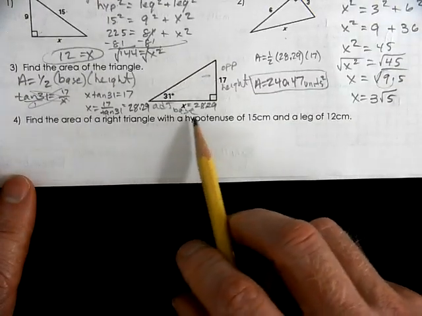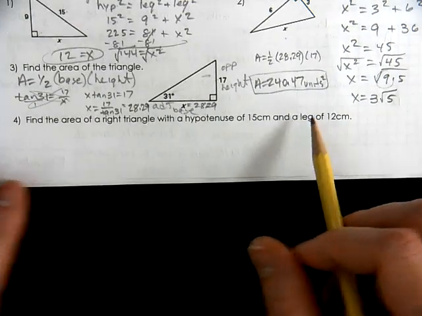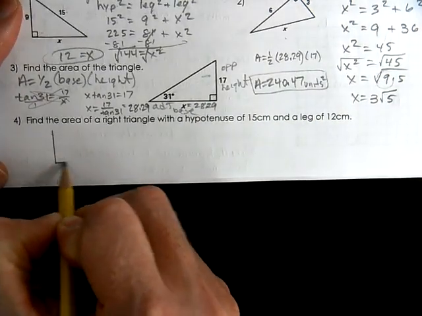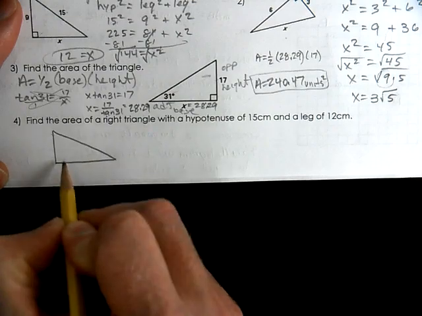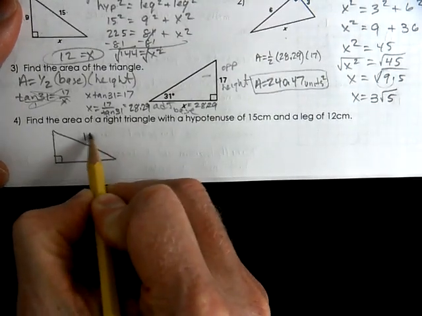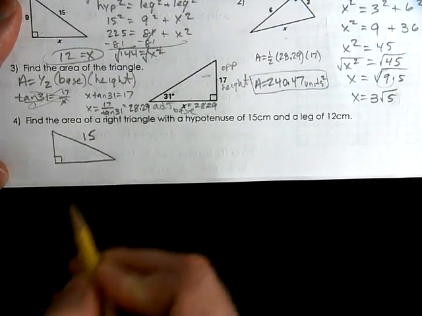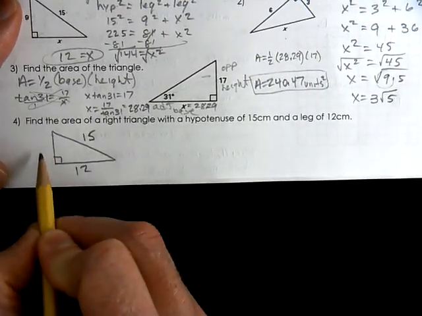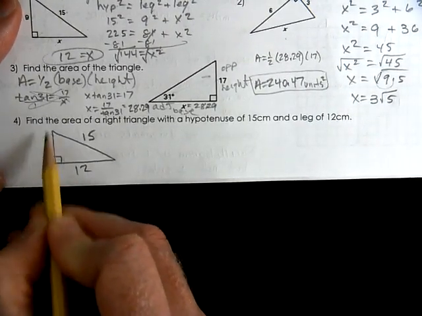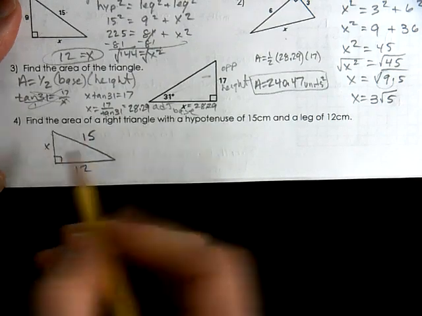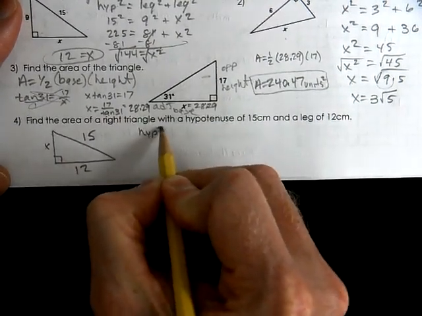Find the area of a right triangle with a hypotenuse of 15 and a leg of 12. So we need to figure out what the height is. Here we can use Pythagorean theorem.